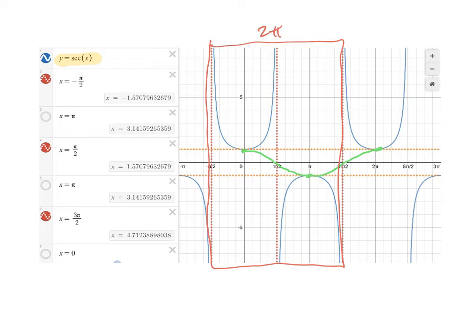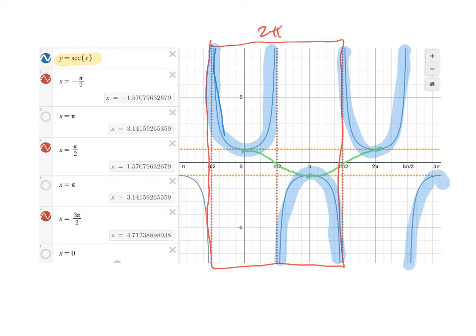To get a complete cycle, you have to start at one asymptote, pass the second one, and go to the third one before you get a complete cycle that then repeats. So it goes high, low, repeat, high, low, repeat. That's how this thing is set up.